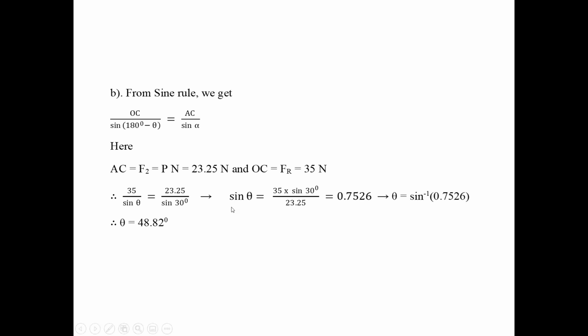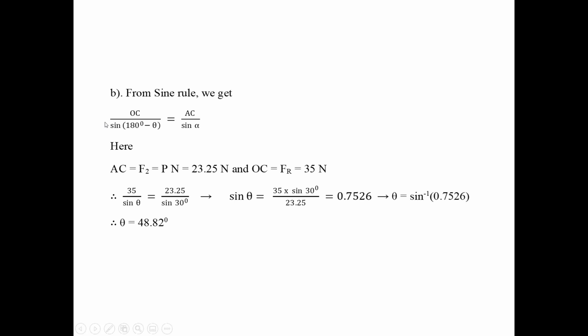OC is the resultant force FR, 35 Newton. The side AC is the force F2, P Newton. In the previous step, we calculated the magnitude of P Newton, that is 23.25.